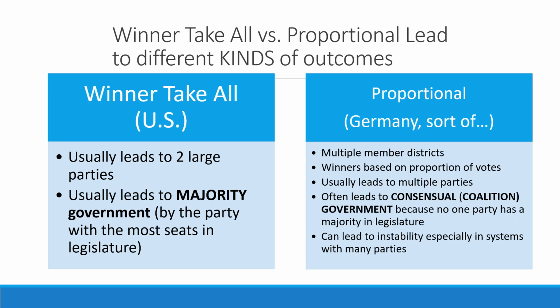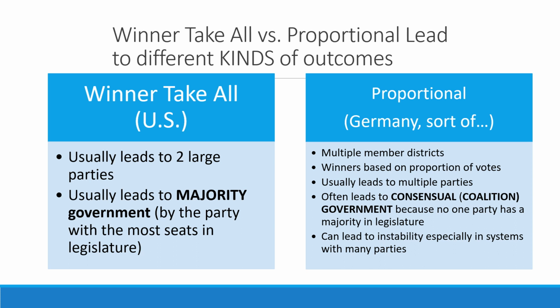In a proportional system like Germany, although Germany's is more what we're going to call a hybrid system, we'll see that later, but in a proportional system with multi-member districts, that's usually going to lead to multiple parties, and often that's going to lead to what we're going to call coalition government, because there isn't going to be a party that has a 50% plus one majority in the legislature.